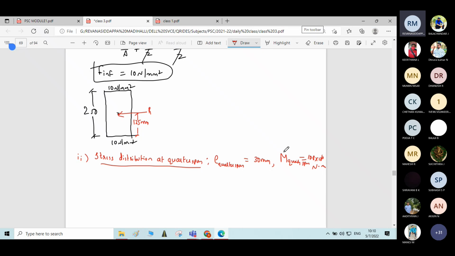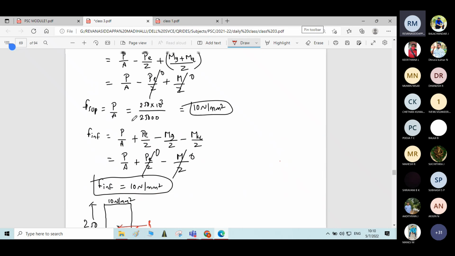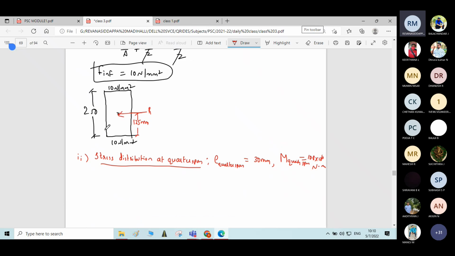Now, same formula, F superior and F inferior.